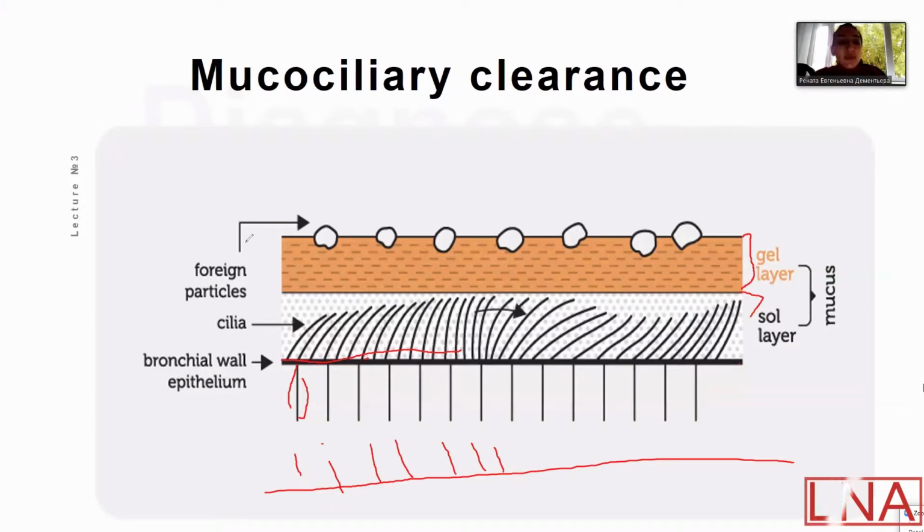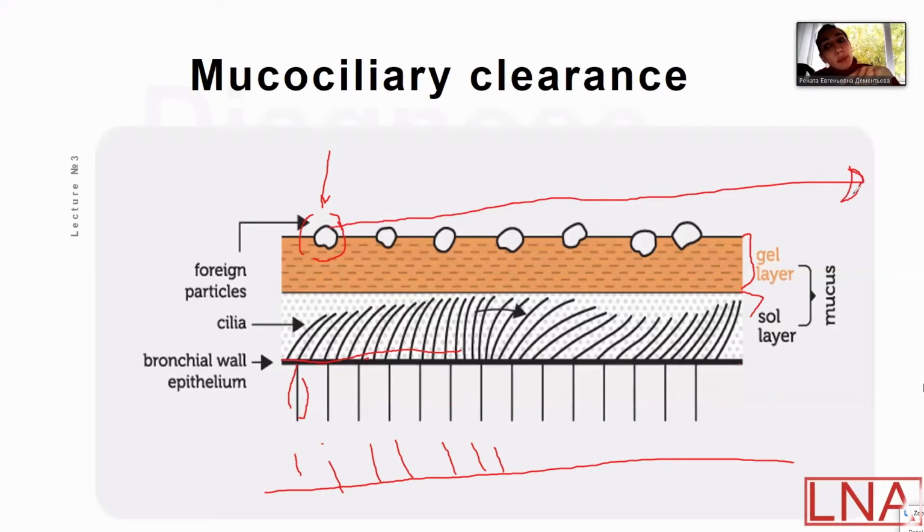So these foreign particles, like allergens and infectious agents, are pushed out in the gel layer, and by the movements of the cilia they are pushed out, going outside. Normally, it is the main protective mechanism against infection and allergy agents, and against disorganization of the wall of the bronchus.